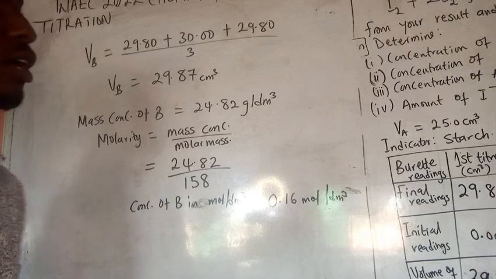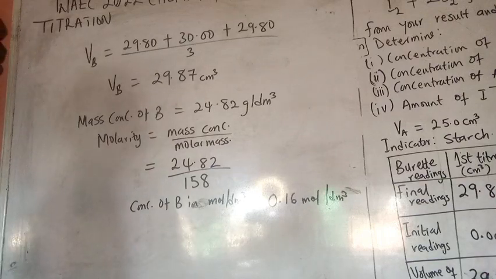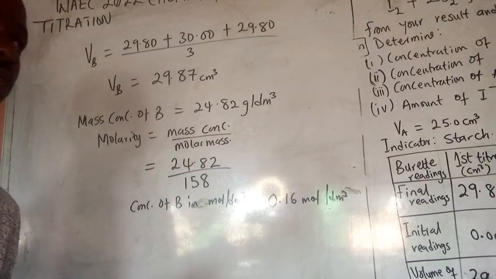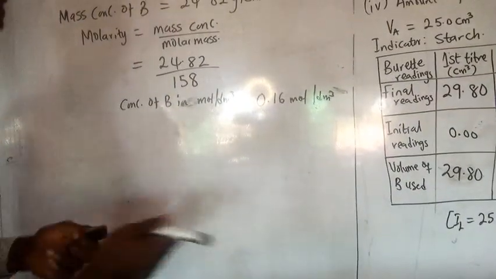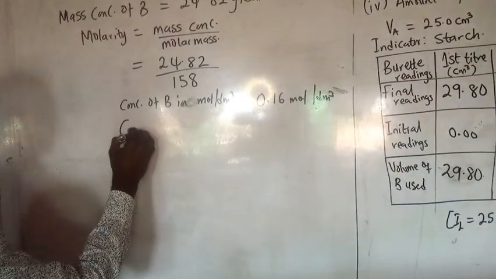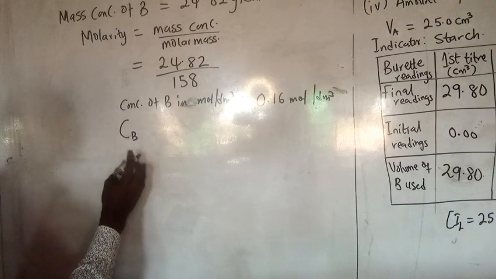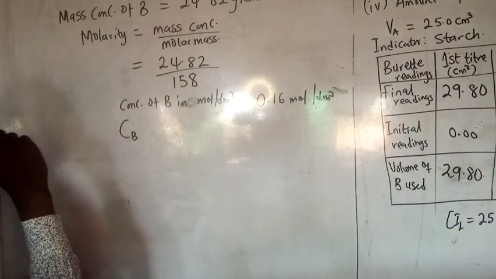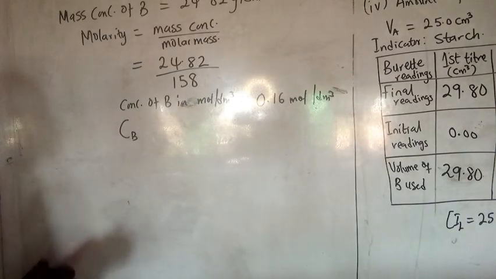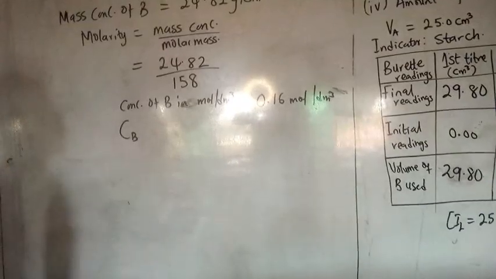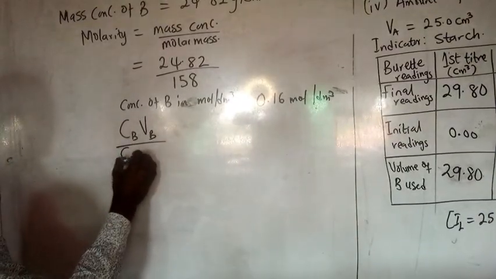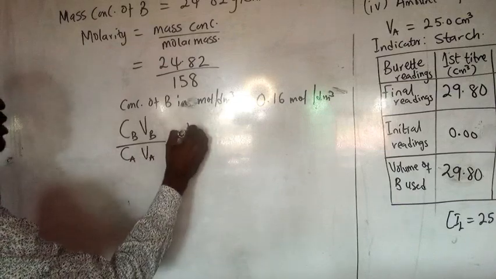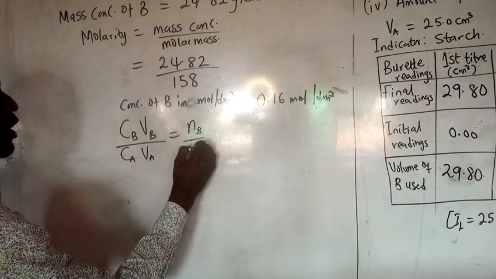To do that, don't forget that A is the solution in the conical flask. So we use the formula CBVB over CAVA equals NB over NA.